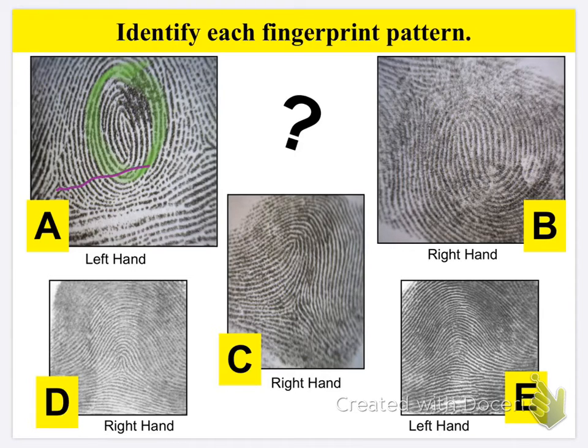So we draw a line between the deltas, and that circular pattern crosses that line, so that is a plain whorl. On B, you can see that you have the double loop pattern, so that is a double loop whorl.